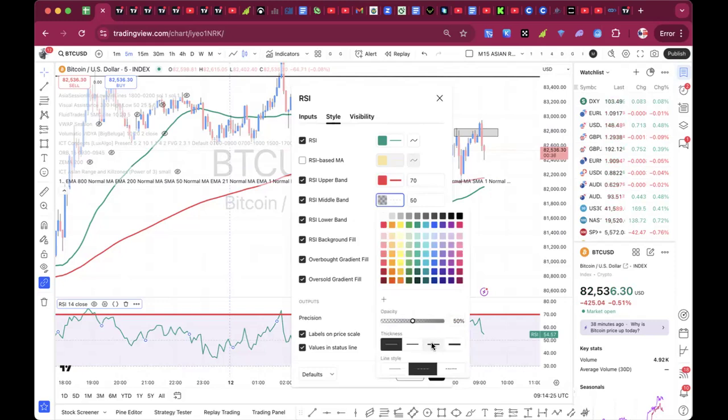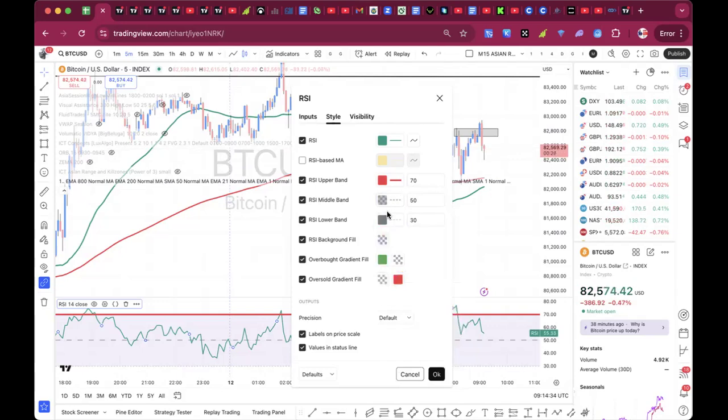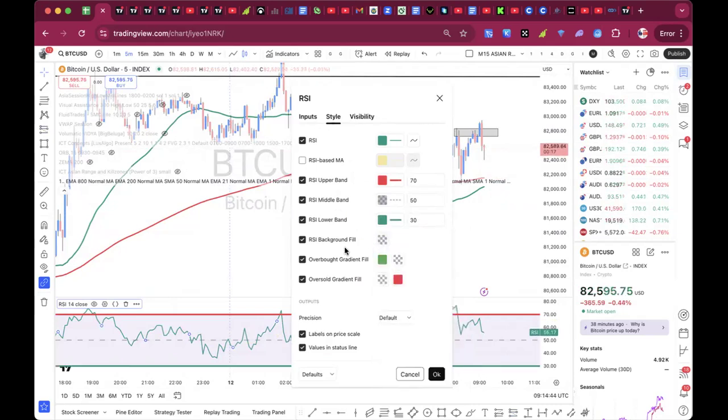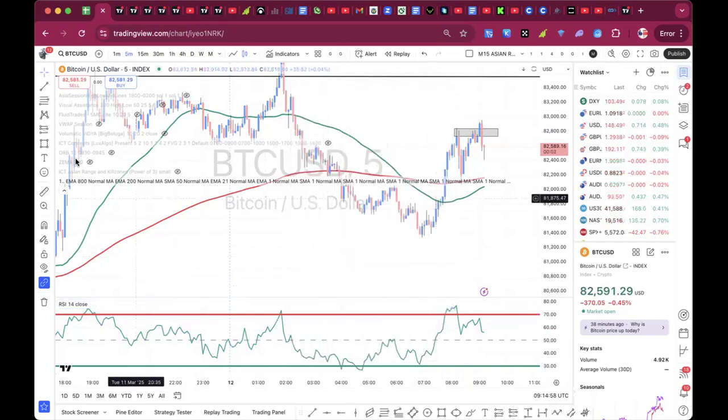I can increase the opacity. This one, change it to green, change it to line, and make it thick. And of course, I remove this background fill. So I click OK.